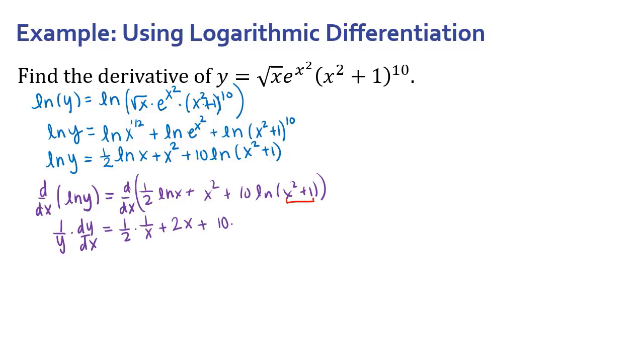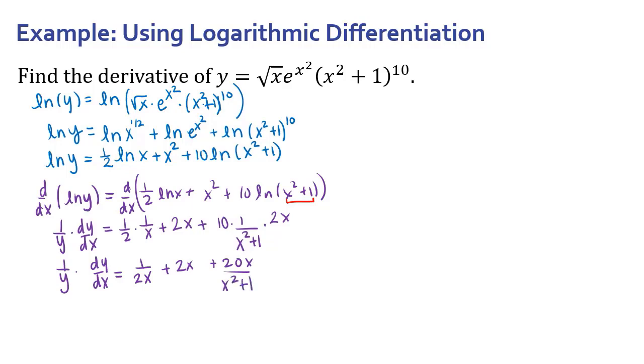The derivative of the outside function would be 1 over x, but I have to evaluate it at the inside, so it's 1 over x squared plus 1 times the derivative of the inside, which is 2x. So this simplifies to 1 over y times dy/dx equals 1 over 2x plus 2x plus 20x over x squared plus 1.